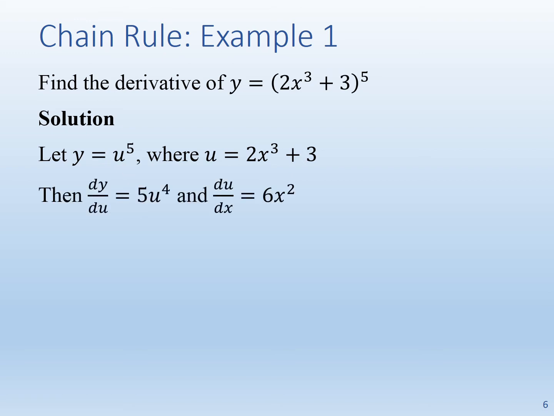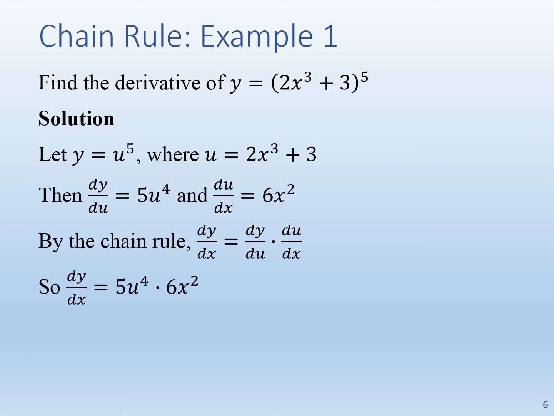And so to get the derivative, we need to differentiate the y with respect to u to get 5u to the 4, and then differentiate the u with respect to x, getting 6x squared. So applying the chain rule now, we have our dy dx is our dy du, which works out to be 5u to the 4, times our du dx, which is our 6x squared.